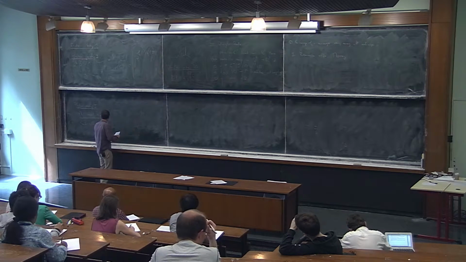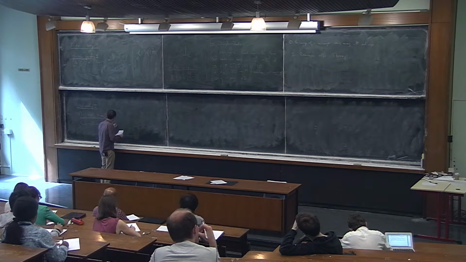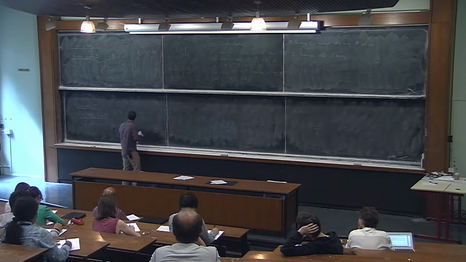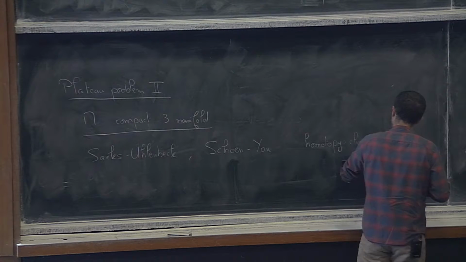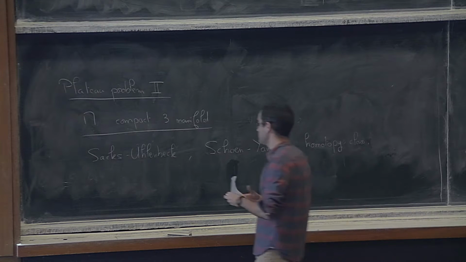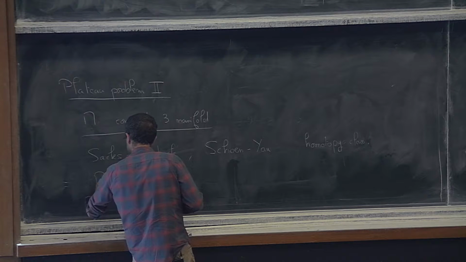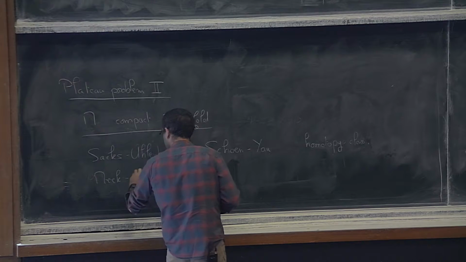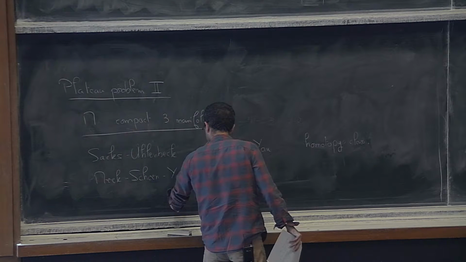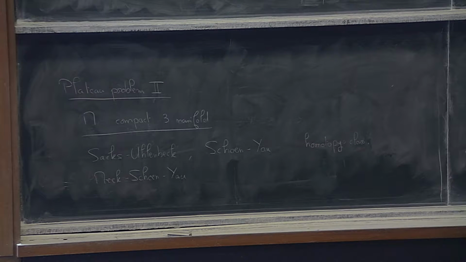In the same direction, there is a work by Schoen and Yau. In these two cases, the minimization is in the homotopy class of the surface. Then after, there was a result by Meeks, Schoen and Yau, where they say, don't look at homotopy class, but look at isotopy class.